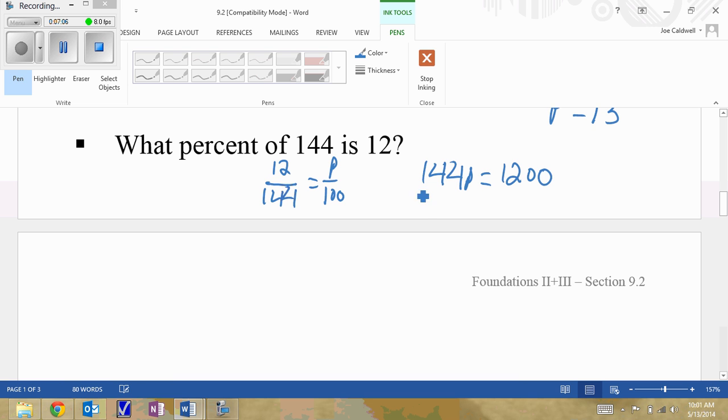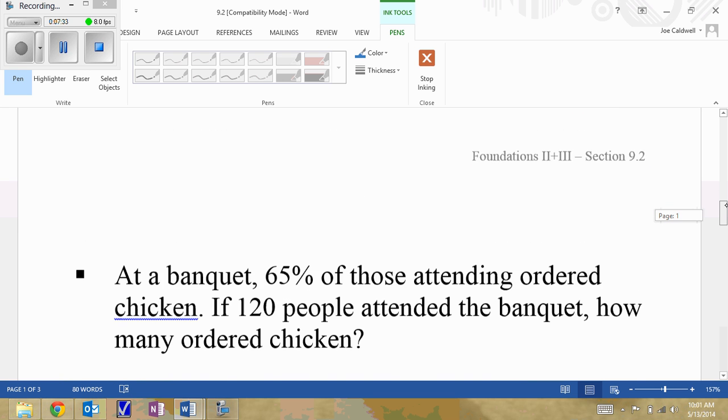And again, you could divide both sides by 144, and you would have P equals, if you would divide that out, 1200 divided by 144, and you would have 8 1/3%, or 8.3%. And again, you are allowed to have decimals or mixed numbers when we're doing these percentage things. Okay.